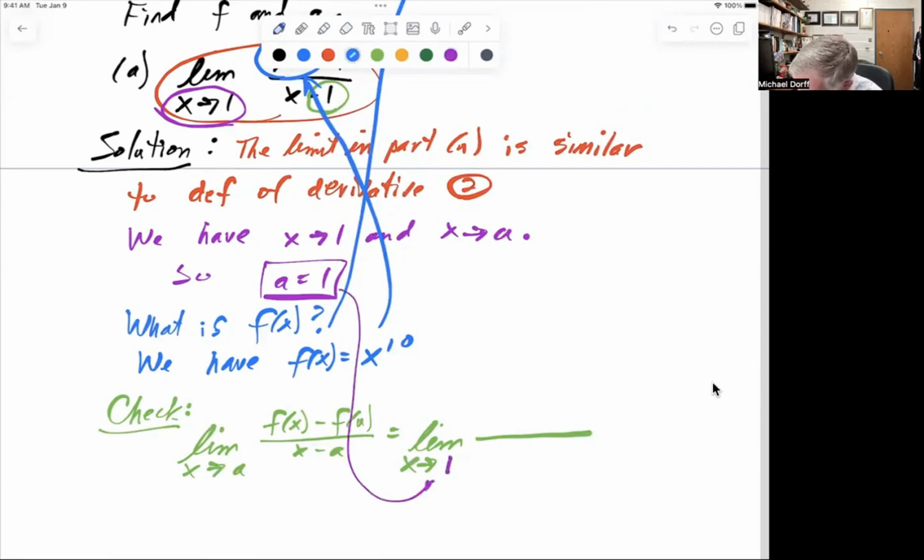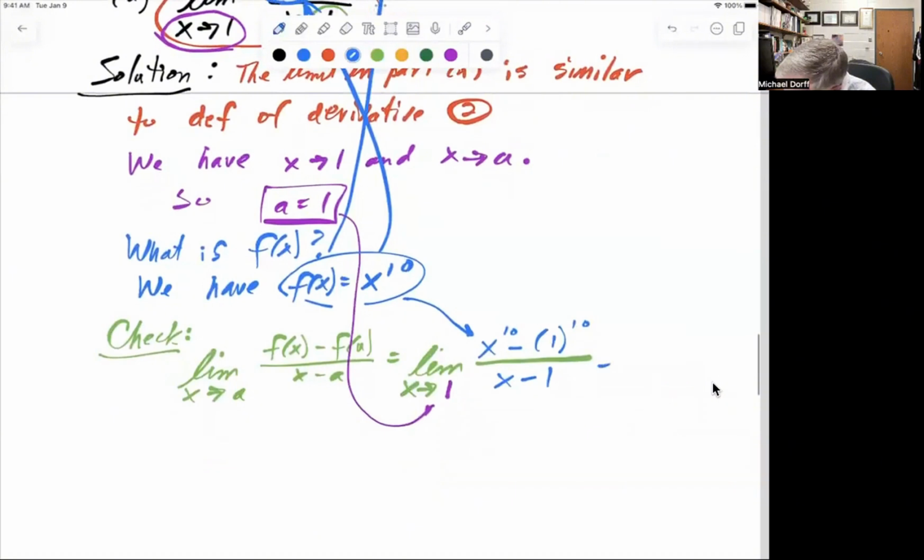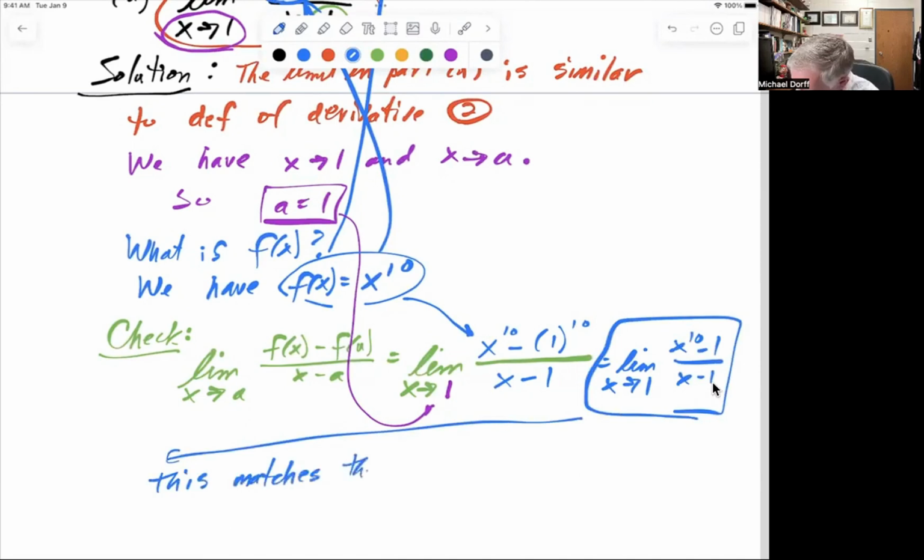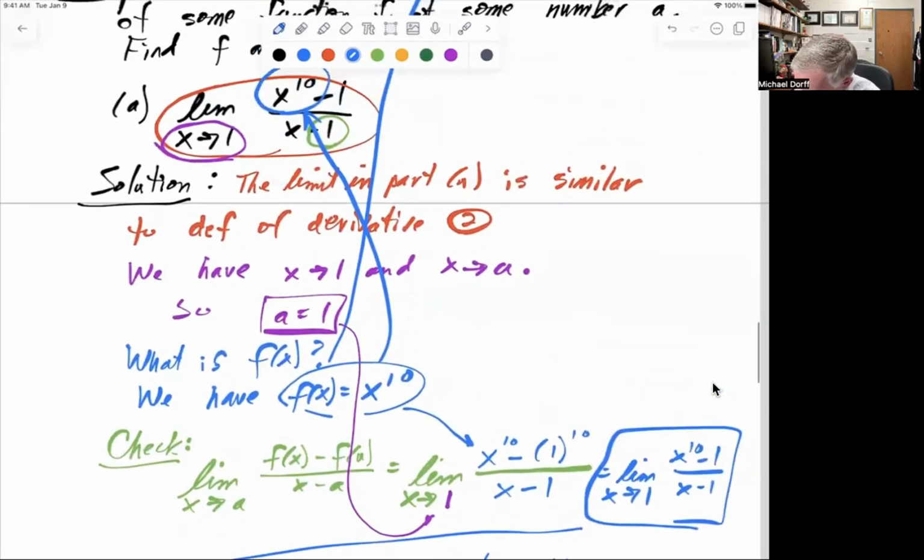And then f of x we're saying is x to the 10th, so we put x to the 10th in there, minus f of a, which is going to be 1 to the 10th, and that's all over x minus 1. If I simplify that, I get the limit as x goes to 1 of x to the 10th minus 1 over x minus 1. And this matches the original problem, which was given right here.